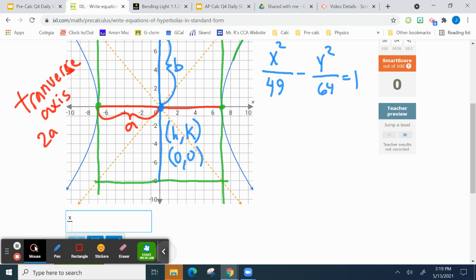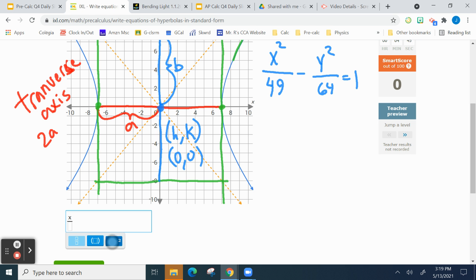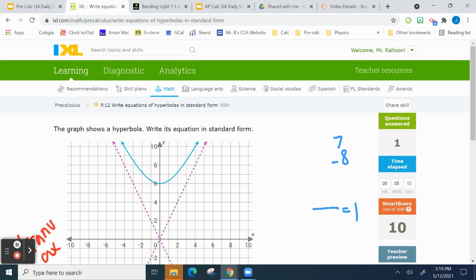That's the problem. x squared over 49 minus y squared over 64 equals 1. And that's how you do it. You can pause and see that I was right.